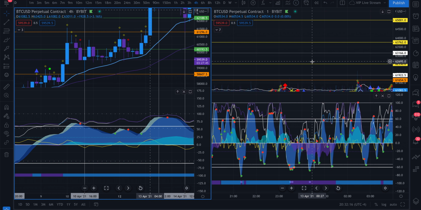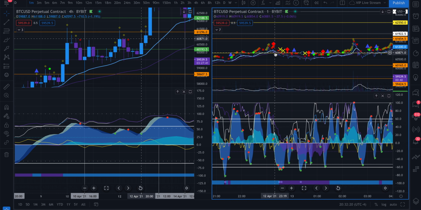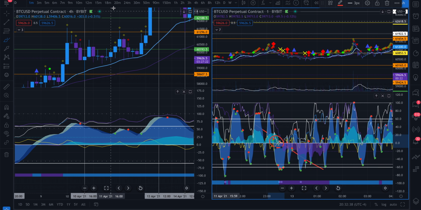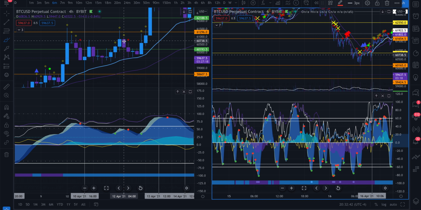And what do we see? Well, we can see that as soon as we are rejecting off of this resistance level, right up here, we see also that we are getting a money flow crossover on the lower time frames with a clear direction downward, telling us that we are coming down at the same time that we're touching the resistance.